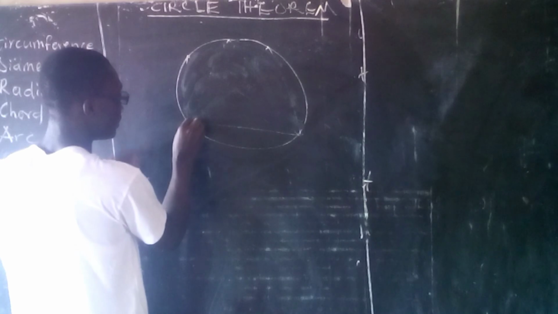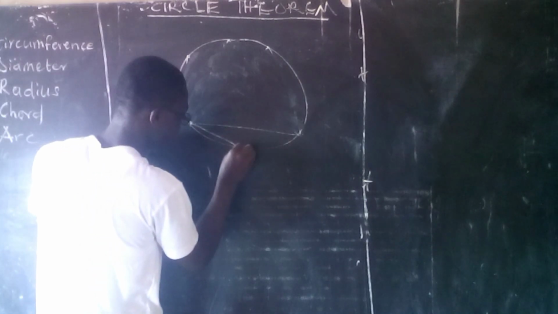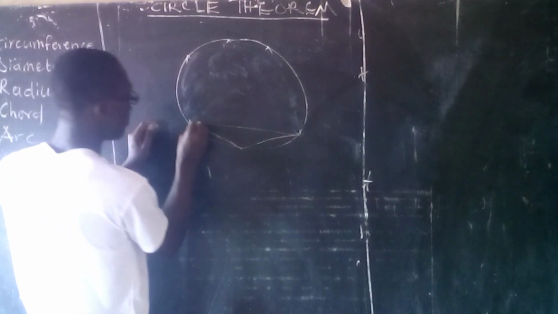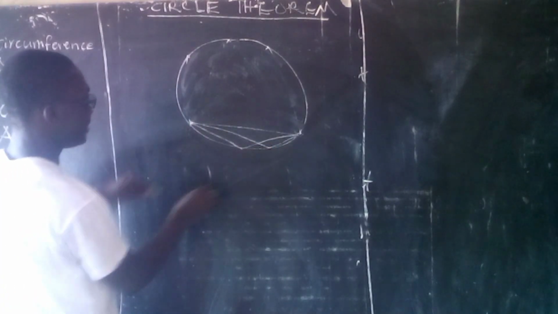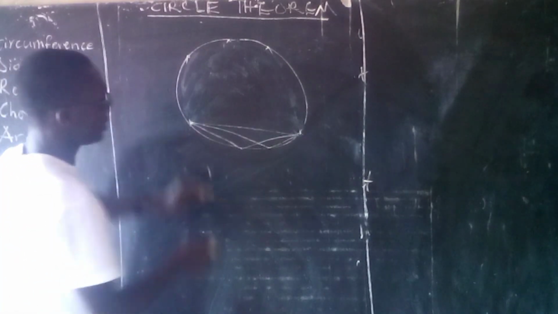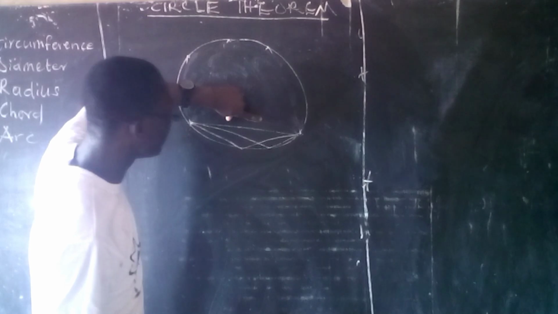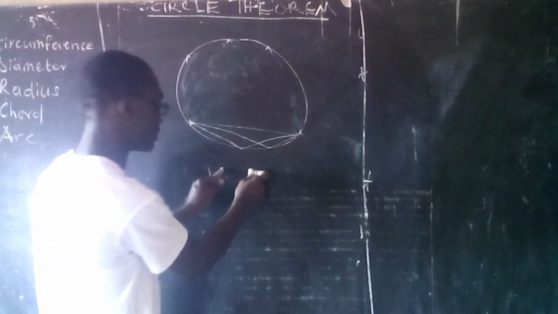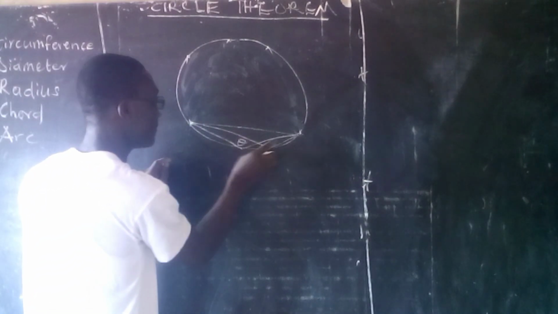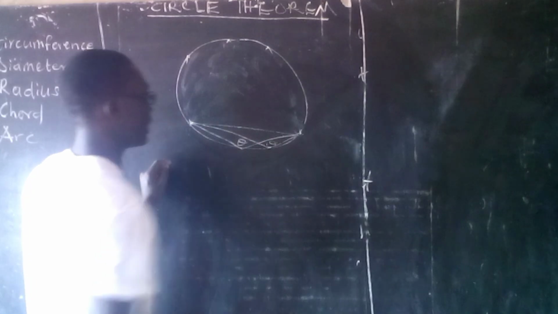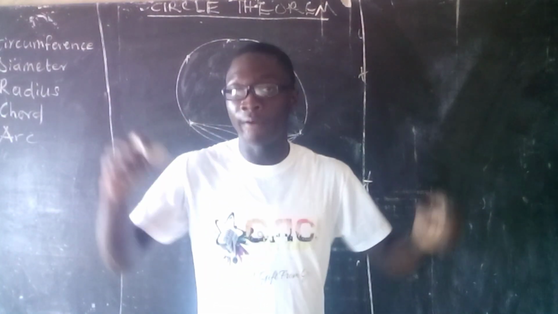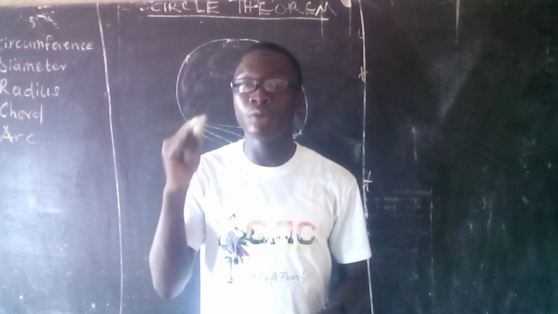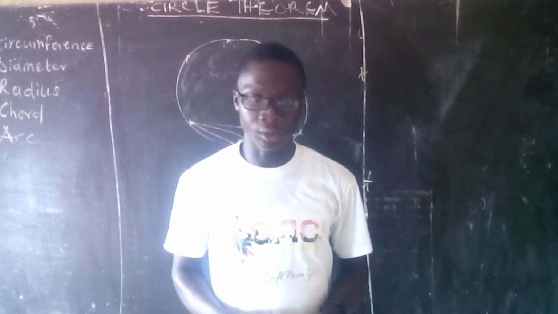So this chord subtends an angle to the circumference here, the same chord to the circumference. So this one too, they are the same, they are from the same chord, and also they are in the same segment. So if here is angle theta, here too is angle theta. So they must be in the same segment and also from the same chord, then they will become equal angles.